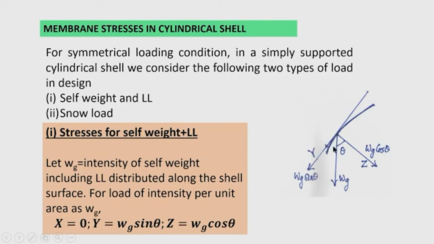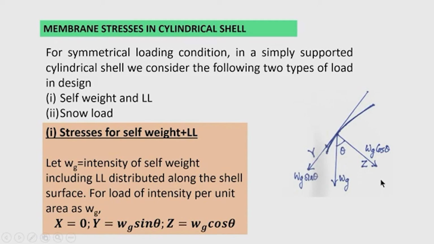Now, here you can see that an arc of a portion of the shell is represented, and W g is the self weight acting at the point vertically downward. Its component along the radial direction is W g cos theta, and in the meridional direction it is W g sin theta, because this angle is theta.